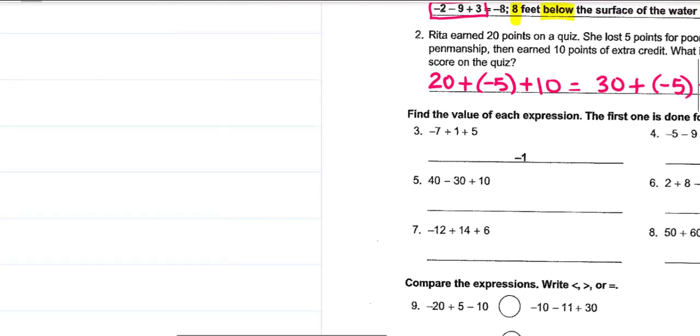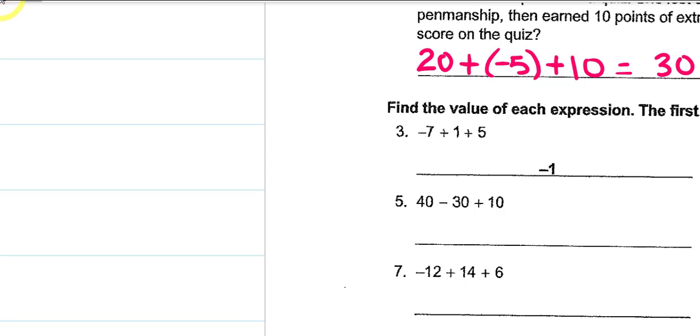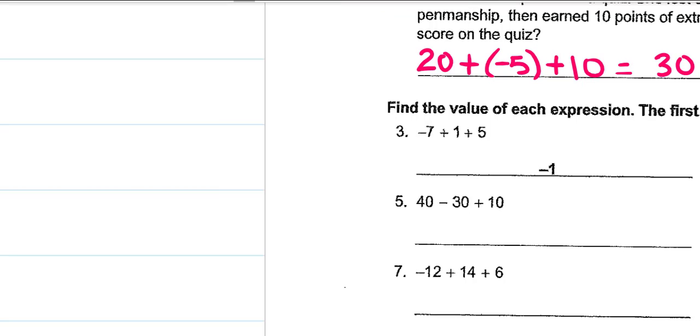Okay. For number 3, I'm going to use the side here to try to write a little bit better. So for number 3 here, I have -7 plus 1 plus 5. I'm going to start with the two numbers of the same sign.